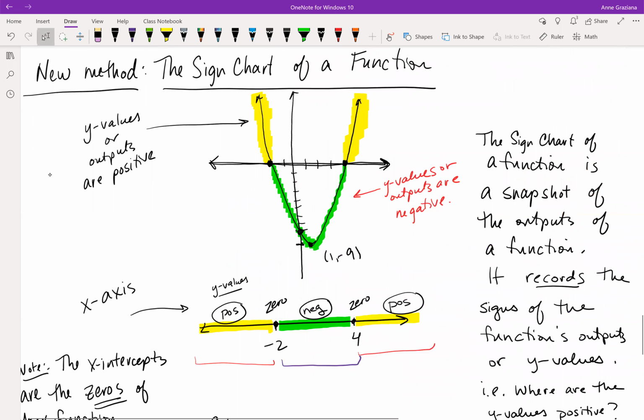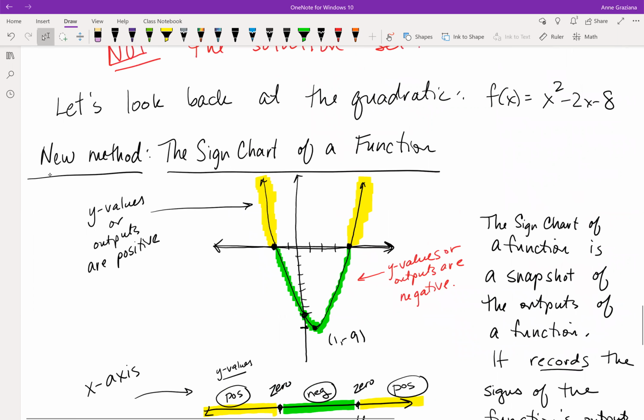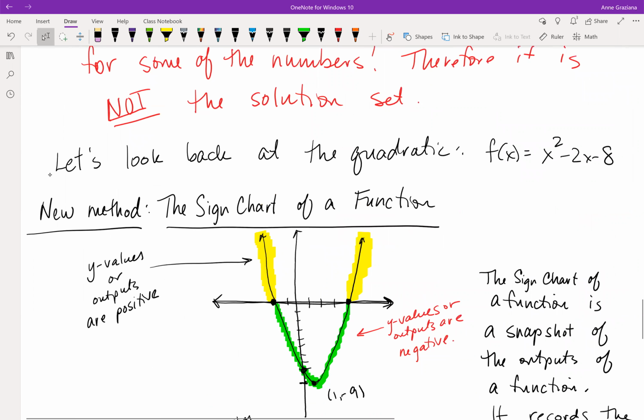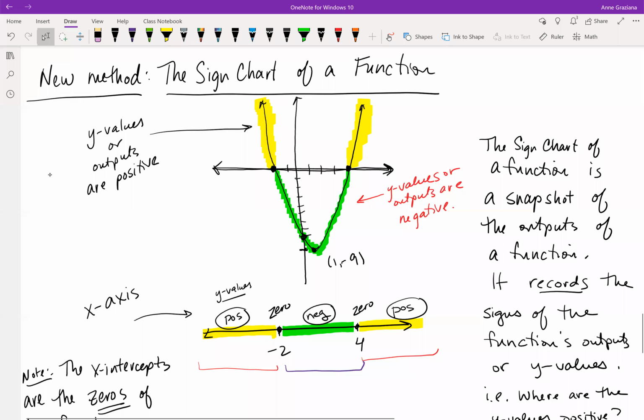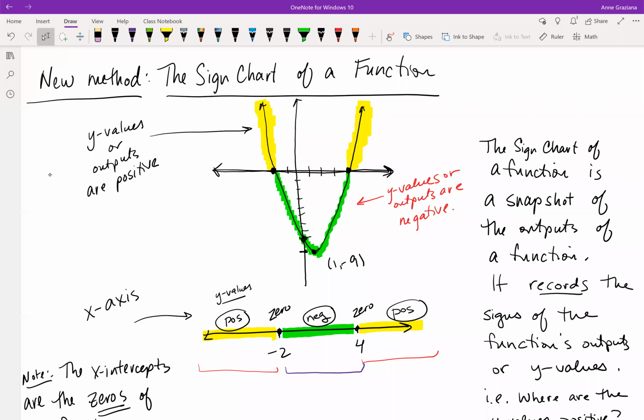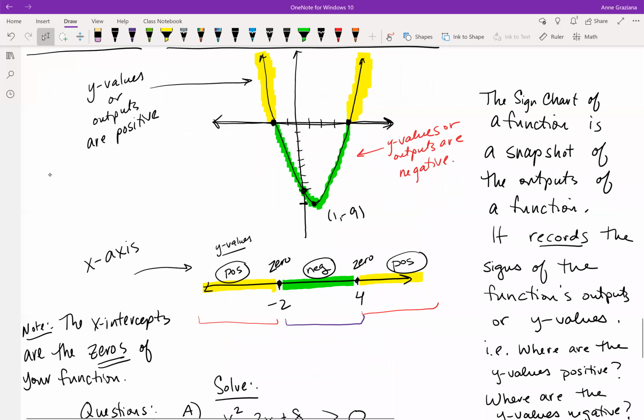We had this function x squared minus 2x minus 8. We graphed it using what we know about vertex formula and intercepts. Then we looked at the graph of this quadratic function and collapsed everything down into the x-intercepts.